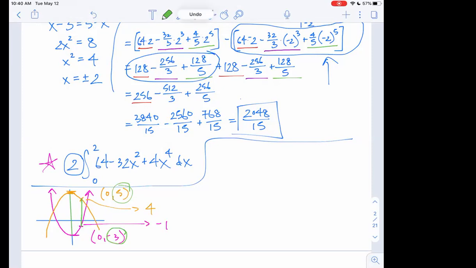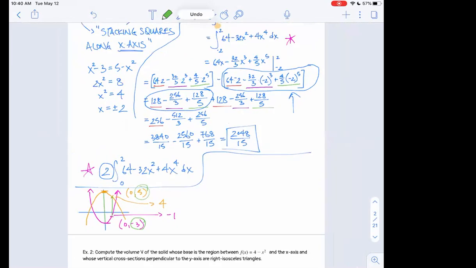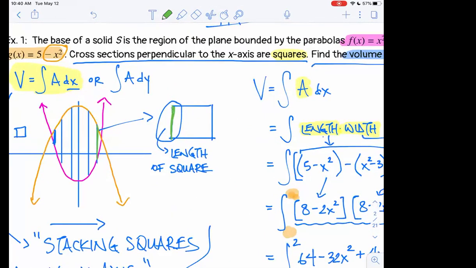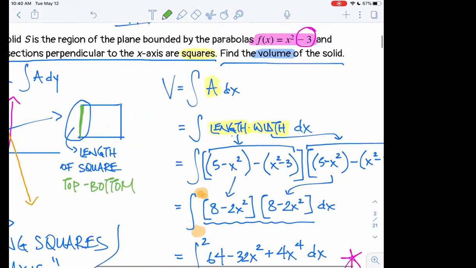Now, in this case, the length of this line represented the length of the square. And so because I know the length of the square is going to be top curve minus the bottom one, instead of writing every single number it possibly could be, I wrote it as an equation so that when I plug in my numbers, it will automatically give me the numbers for every single square in there.